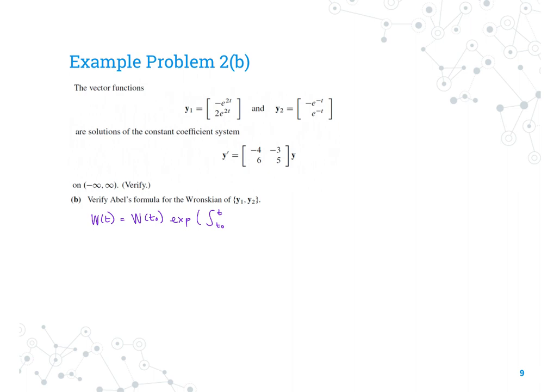So here, that would just be -4 plus 5 ds.